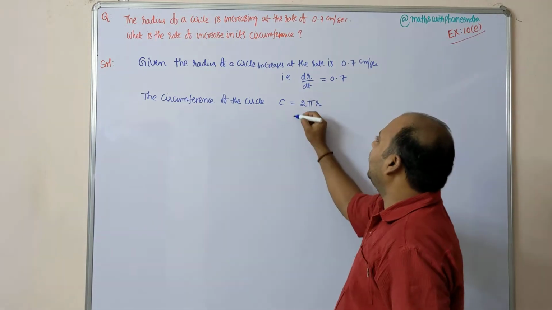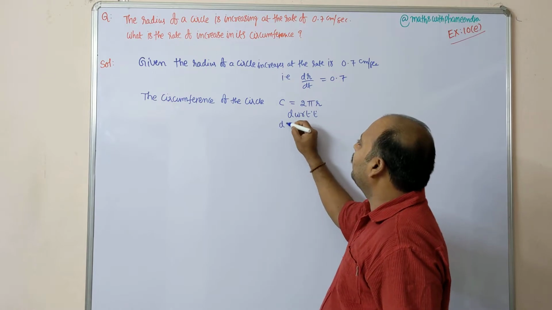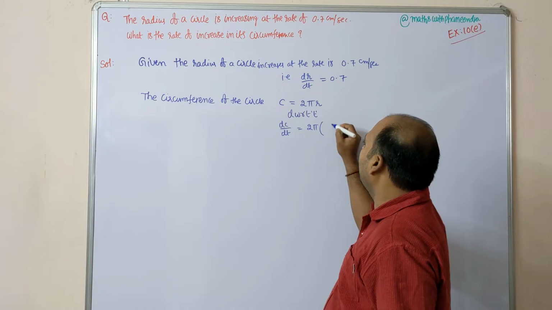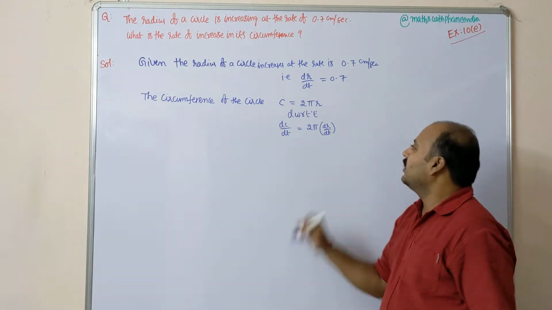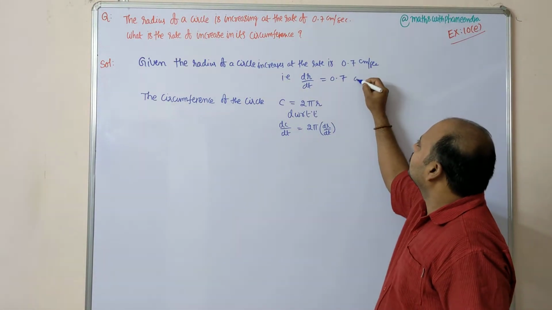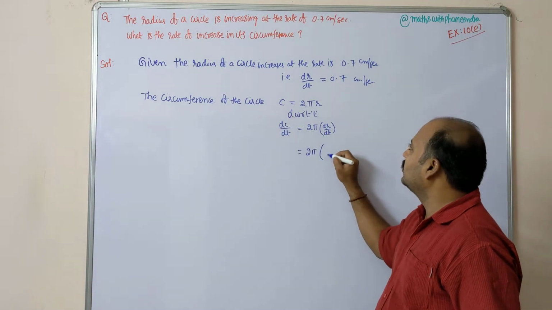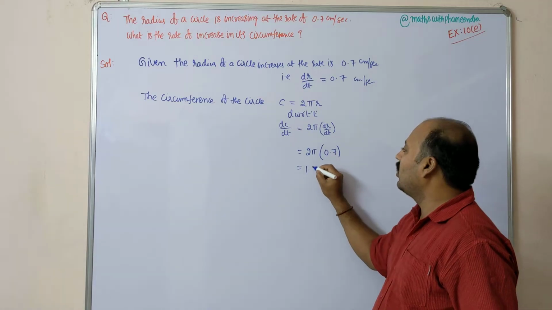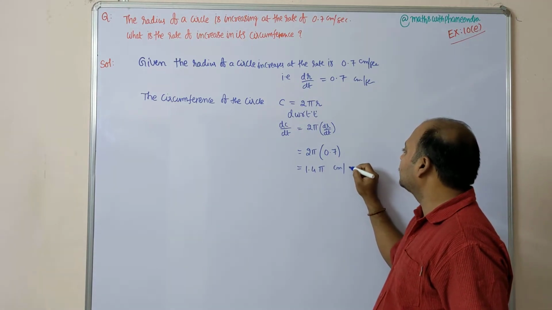Differentiate with respect to t on both sides. dC by dt is equal to 2 pi constant, r differentiates with respect to t, that is dr by dt. dr by dt value is given as 0.7. So 2 pi into 0.7. So it will be 1.4 pi centimeter per second.